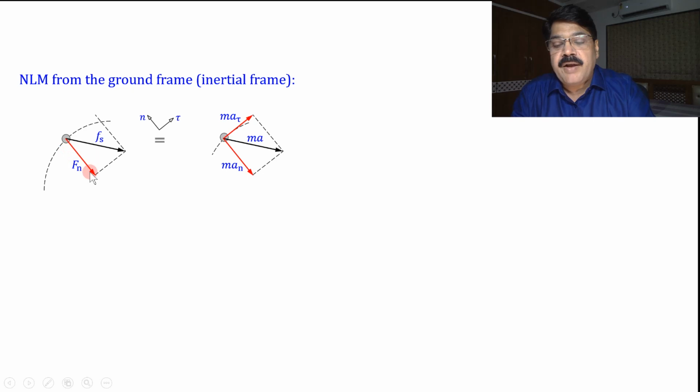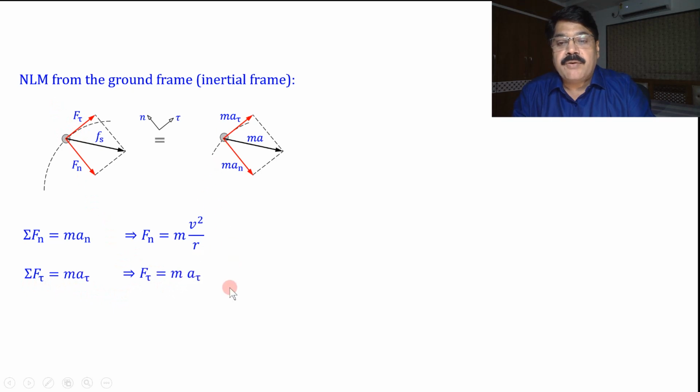This is Fn, the normal component of the friction force, and that is F tau, the tangential component. So the equation, summation Fn is equal to man, gives Fn equals mv square by r, and summation F tau is equal to ma tau.